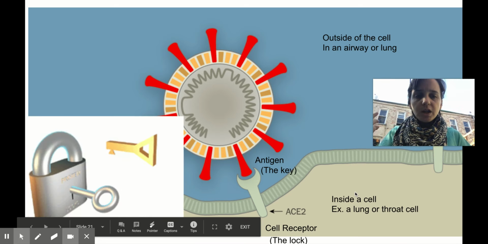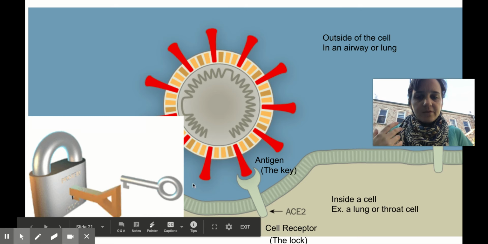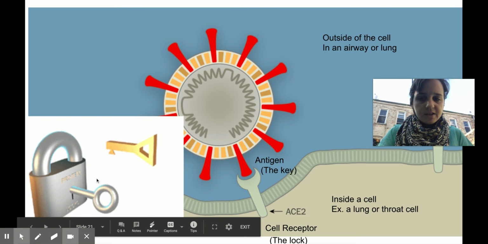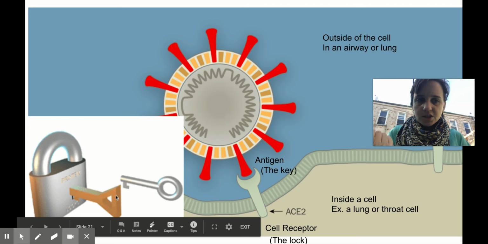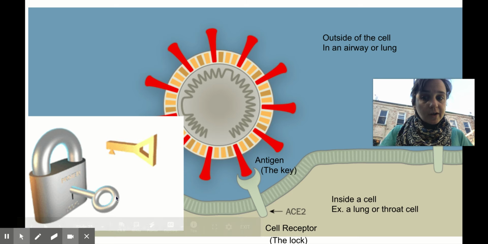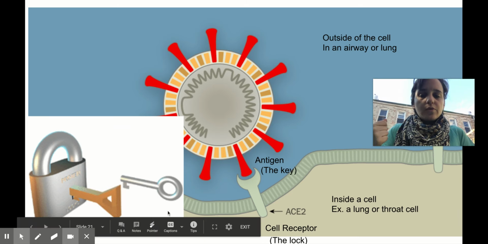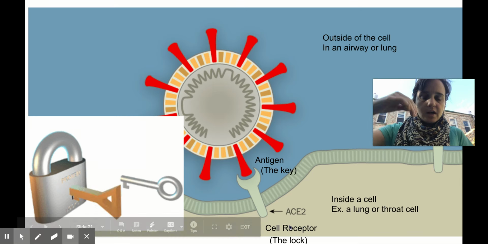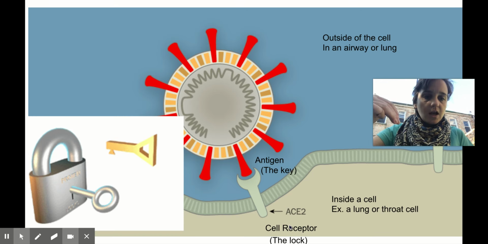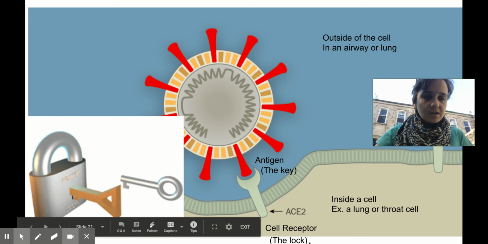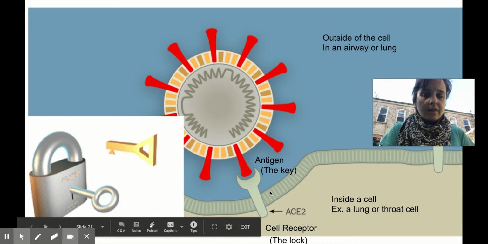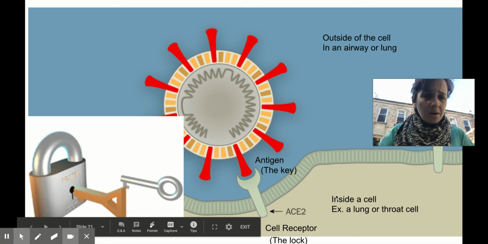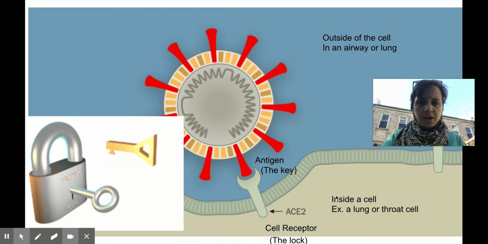The job of the cell receptor is like this lock. It's meant to stay shut unless you have the correct key. So the cell receptor is like the lock and the antigen is like the key. If the antigen matches the cell receptor, then the cell receptor is going to open up, or the cell membrane is going to open up and let the virus in.